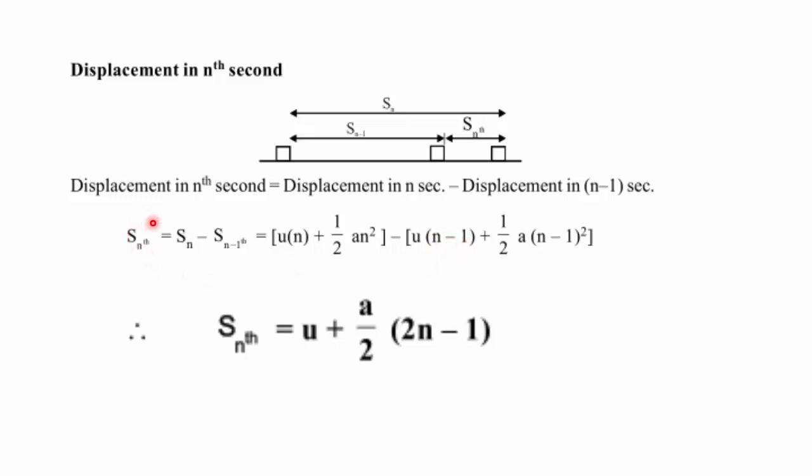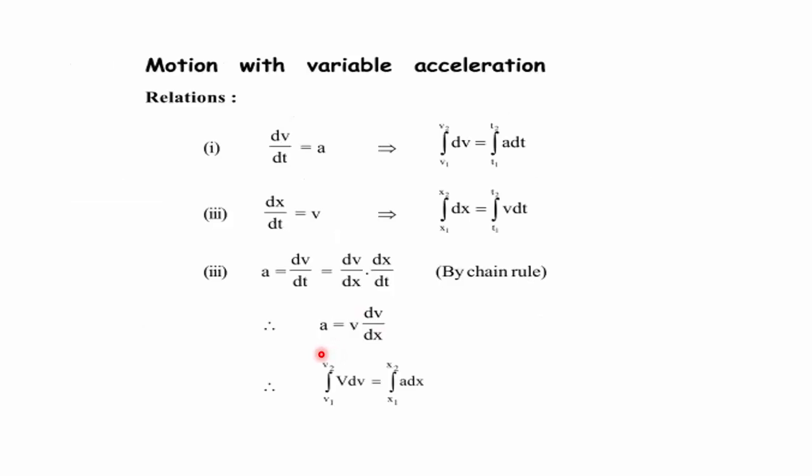If I want to calculate the displacement in the nth second, it is the displacement covered till the nth second minus the displacement covered just before that second. After some calculation, I arrive at the displacement in the nth second equal to u plus a by 2 into (2n minus 1). N stands for which second it is, whether the 10th second or the 15th second. A is the acceleration, u is the initial velocity.